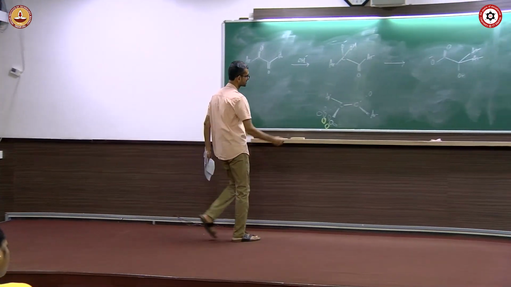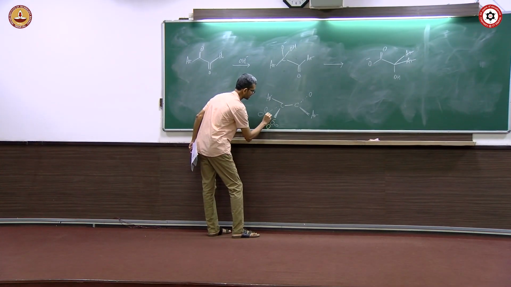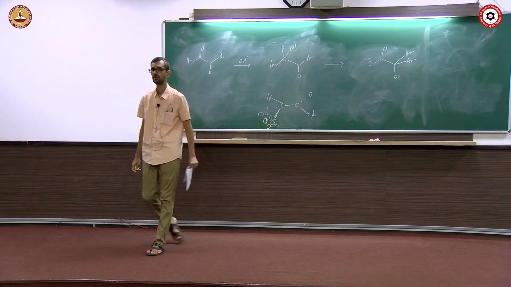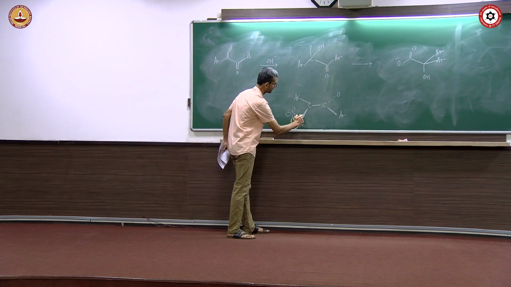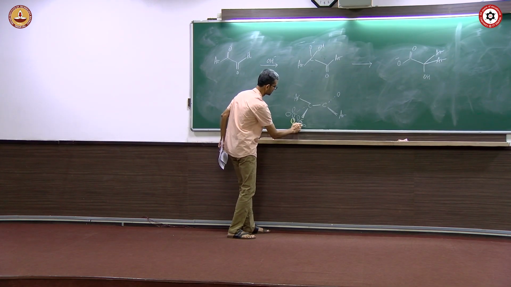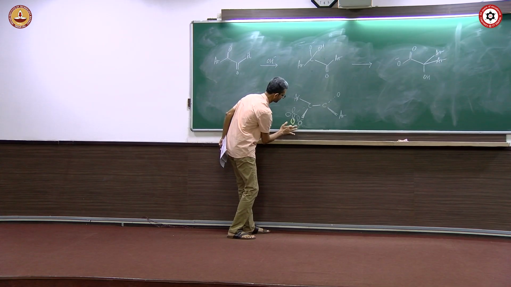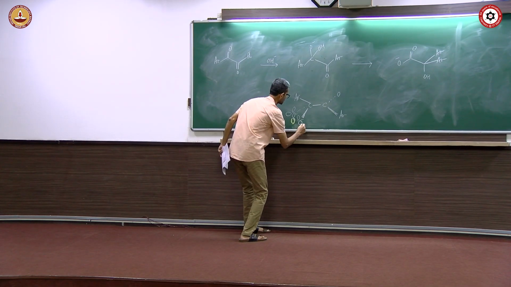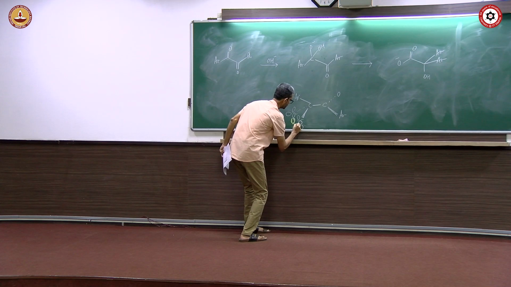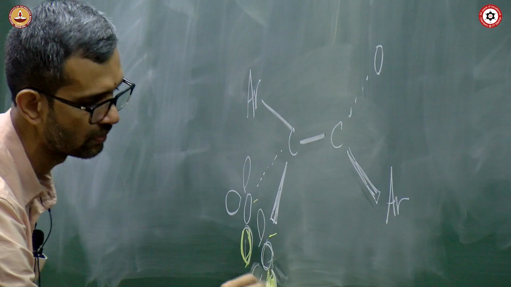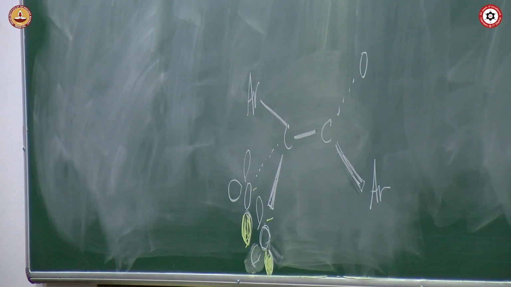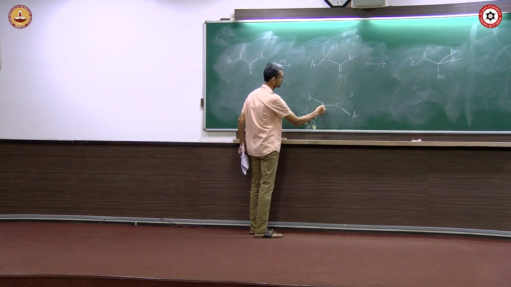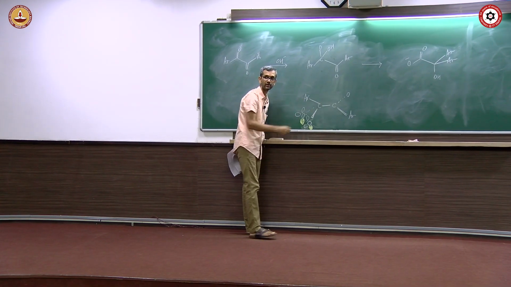Can you now locate this? This oxygen has a negative charge, this also has a negative, that's why we wrote 3 lone pairs. Now, this lone pair is antiperiplanar to, oh sorry, not this one, this one. The one here. Right? This particular lone pair is in antiperiplanar geometry to this Ar bond.